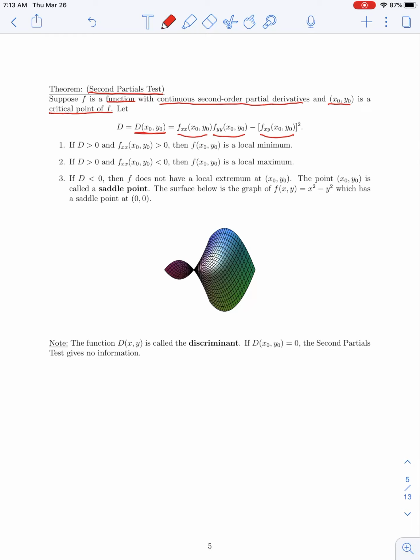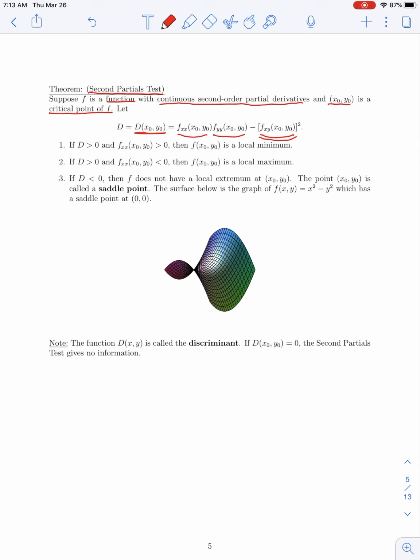But in this theorem, we are saying those second order partial derivatives are continuous, which means that the mixed partials f sub xy and f sub yx are the same. So really, the product would be the value of our second order partial f sub xy squared.